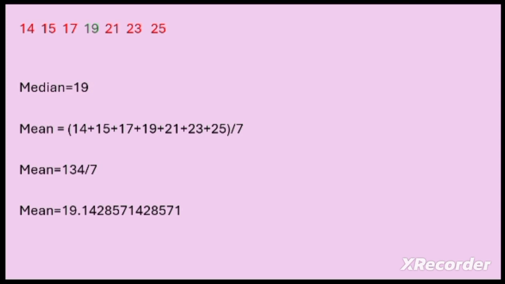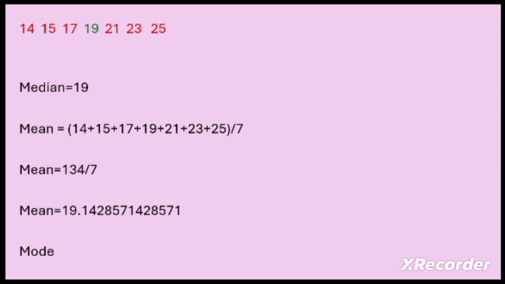Now let's move on. Mode. Mode is basically the repeated value. As we can see over here, in the given data there is no repeated value. The 14 appears one time. The 15 also appears one time, there is no other 15 in the given data, and there is only 17 over here, 19.